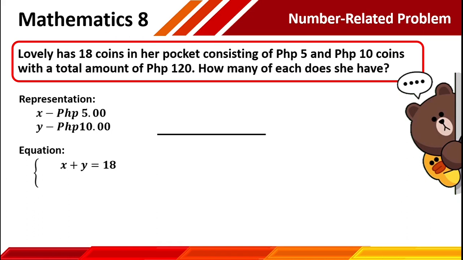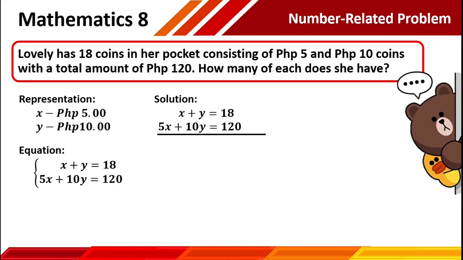So to get that, just multiply the value of x by 5 pesos and the value of y by 10 pesos. So we will have 5 times x, or 5x plus 10y, is equal to 120 pesos. So our first equation is referring to the total number of coins that she has in her pocket, and equation number 2 is referring to the total amount of money that she has in her pocket.